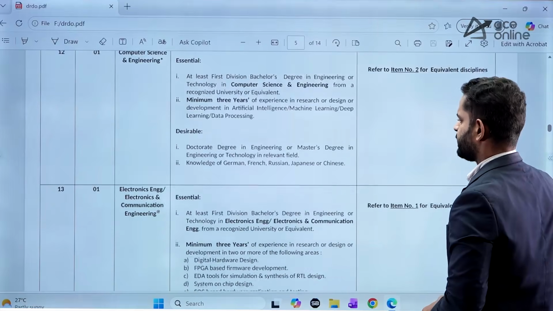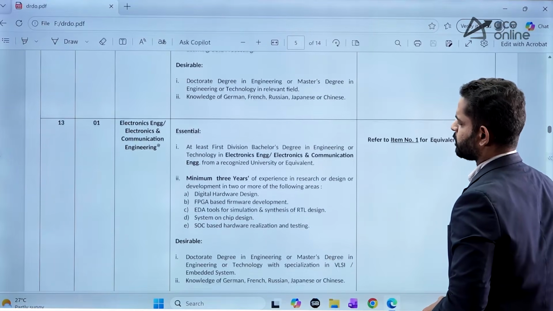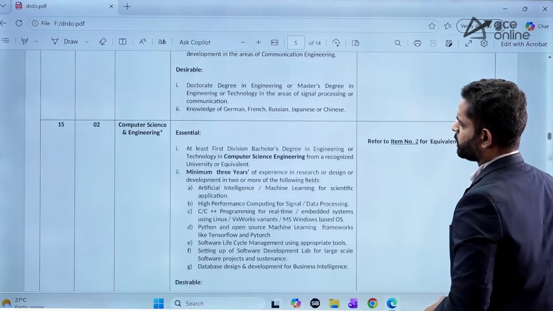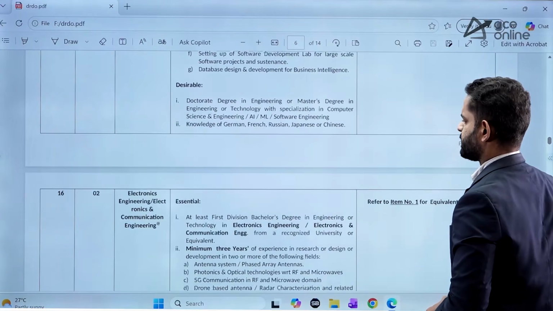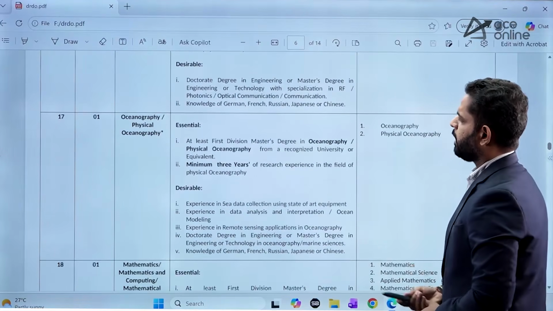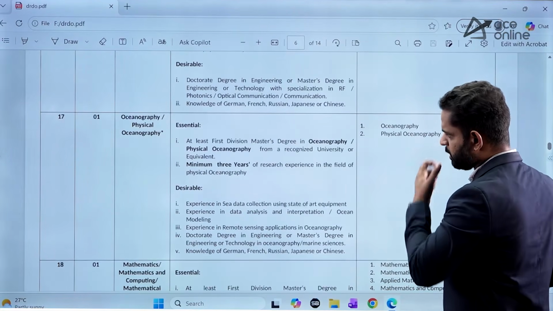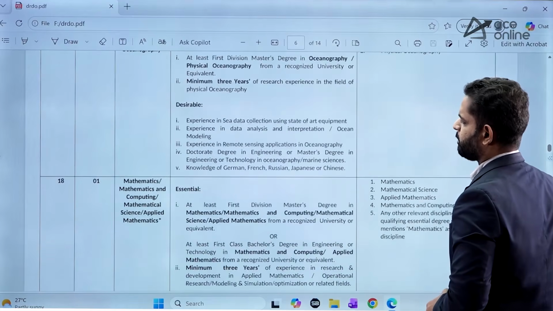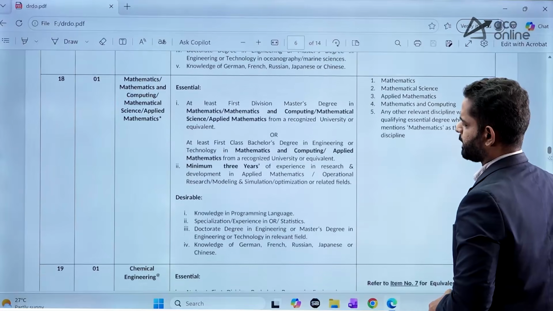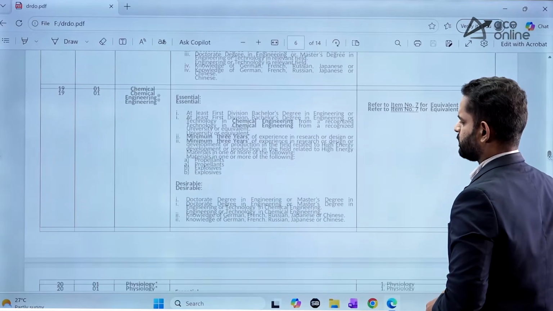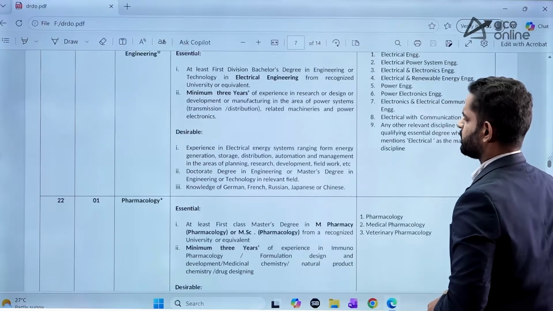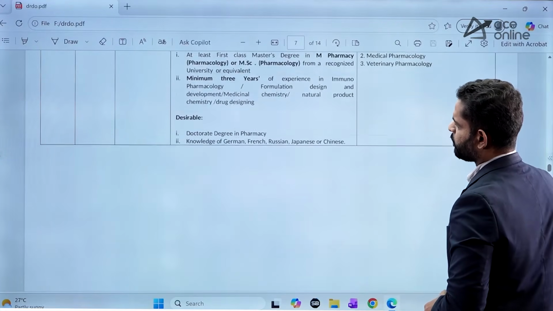Computer science and engineering, electronics engineering, electronics and communication engineering, one vacancy, electronics and communication, one, computer science and engineering, one vacancy, two vacancies for electronics and communication, and oceanography or physical oceanography, one vacancy, mathematics and computing, mathematical science, applied mathematics, chemical engineering, one, physiology, one, electrical engineering, pharmacology, one vacancy.